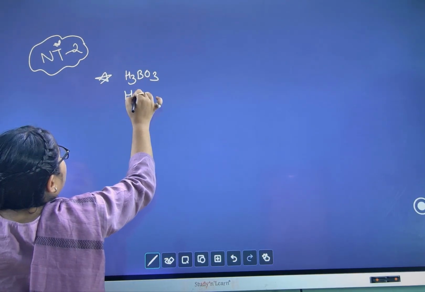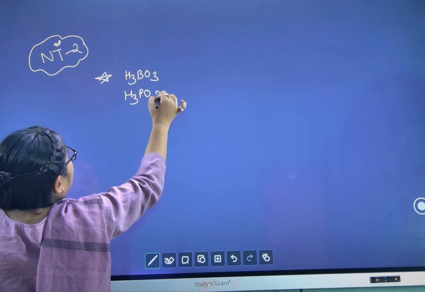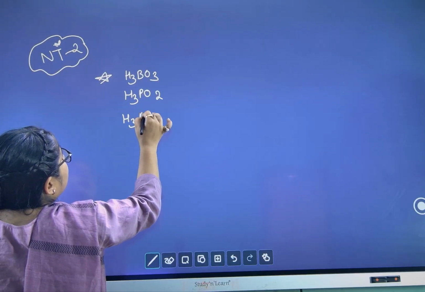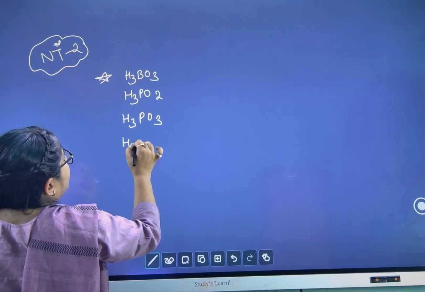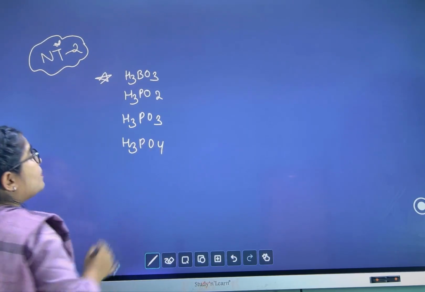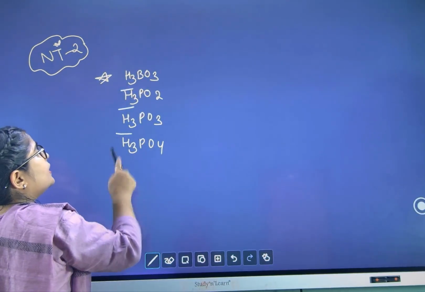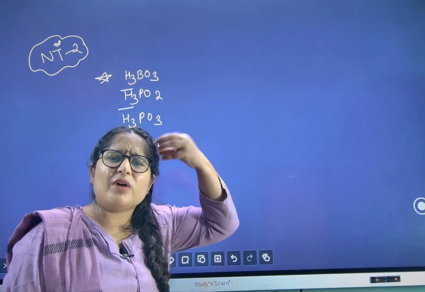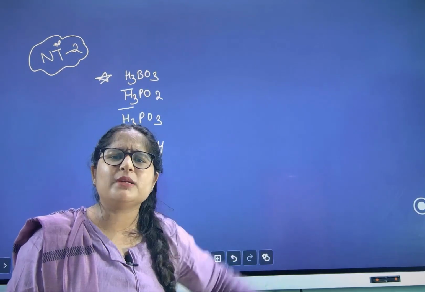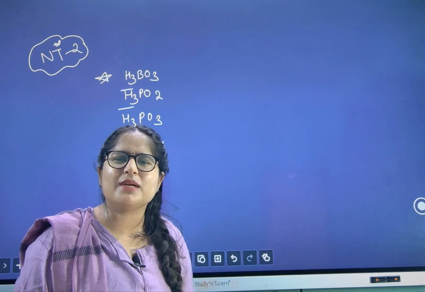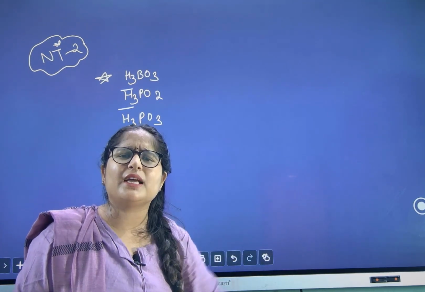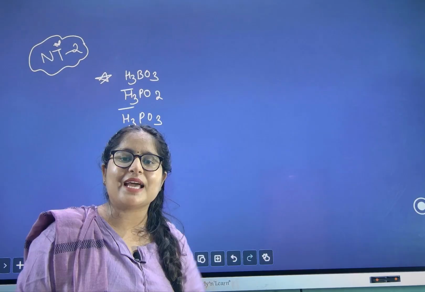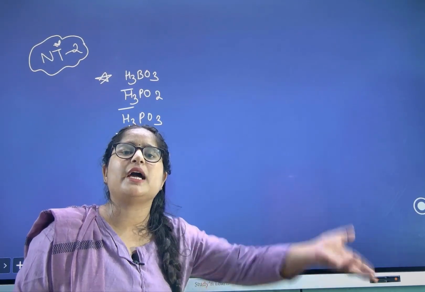In the second anti-star you write down H3BO3, H3PO2, H3PO3, H3PO4. By seeing 3 hydrogens, what will our common brain say? Our common brain will say that 3 hydrogens means it is a triprotic acid.